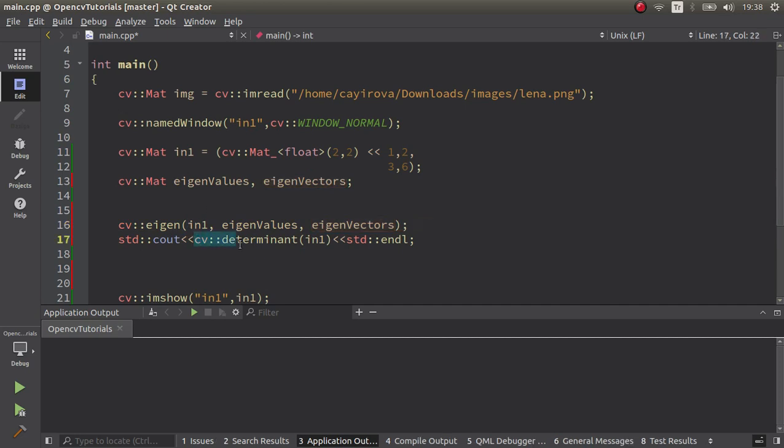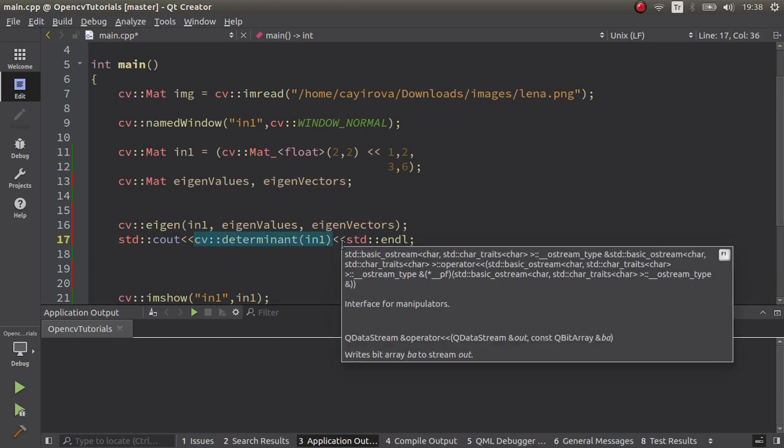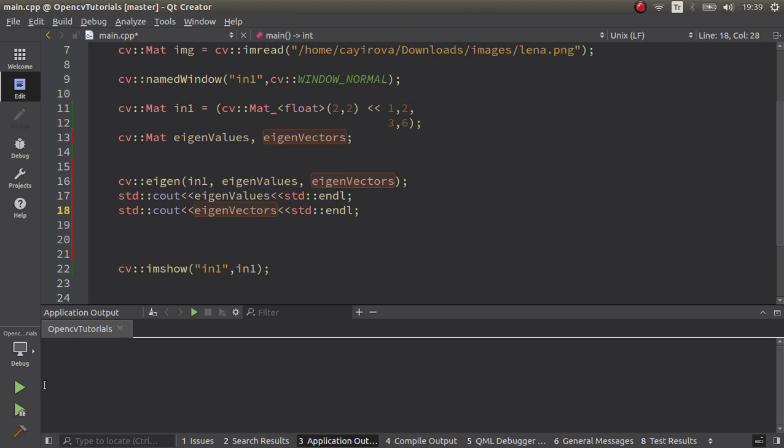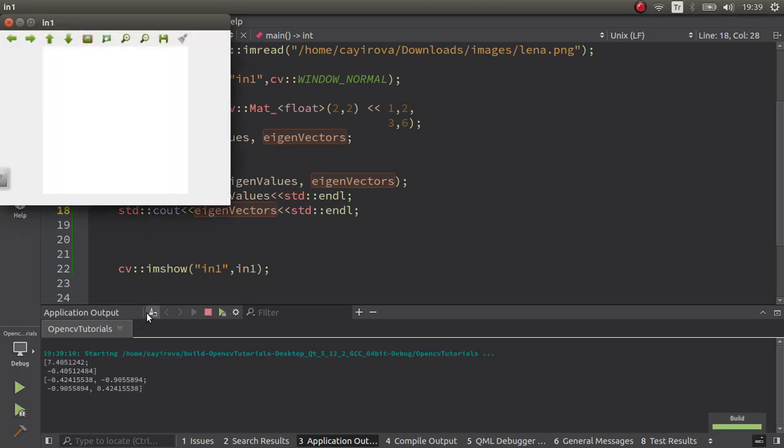I also want to see the output of eigenvalues and eigenvectors. Since this is a square matrix, we are not going to get any error. Let's see the result.